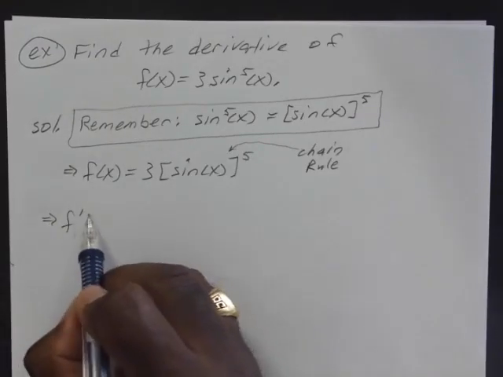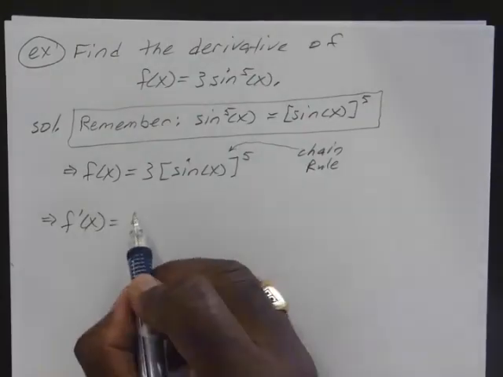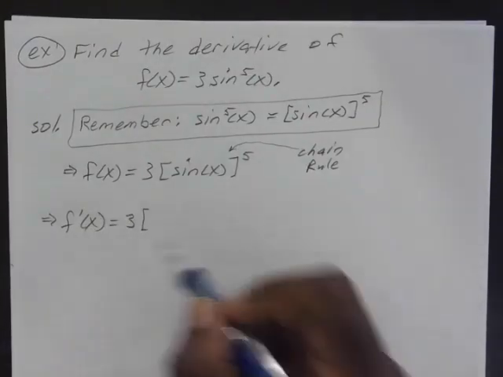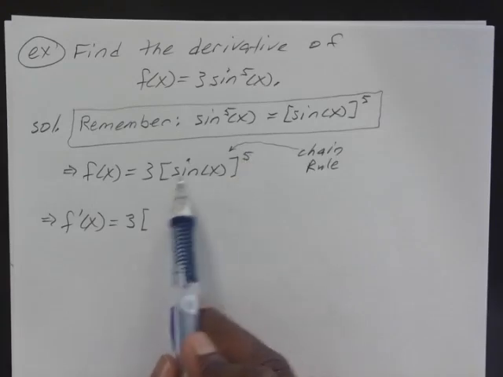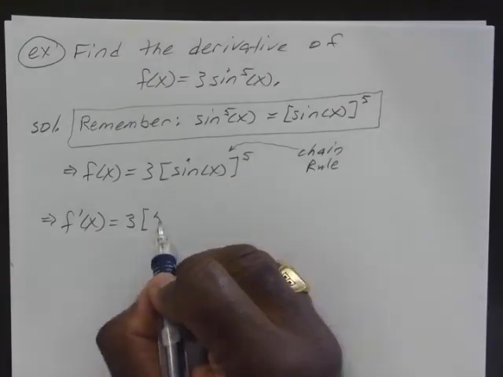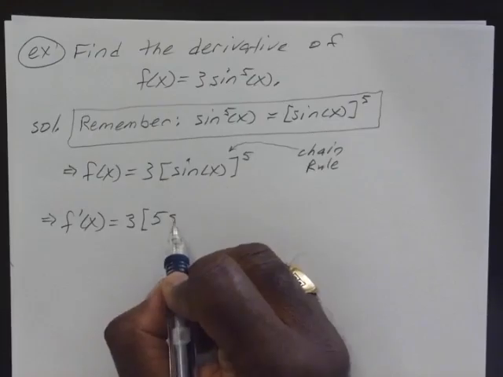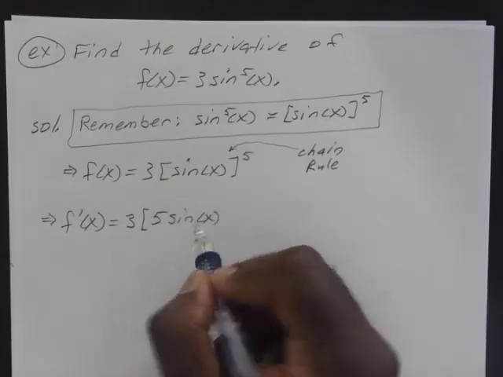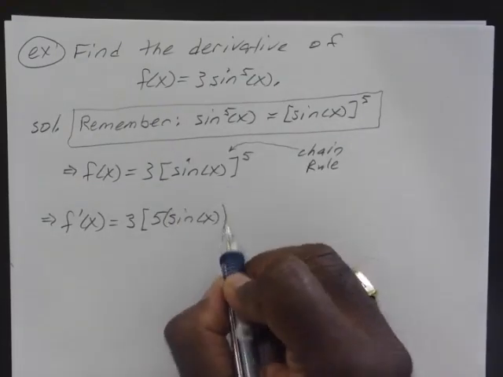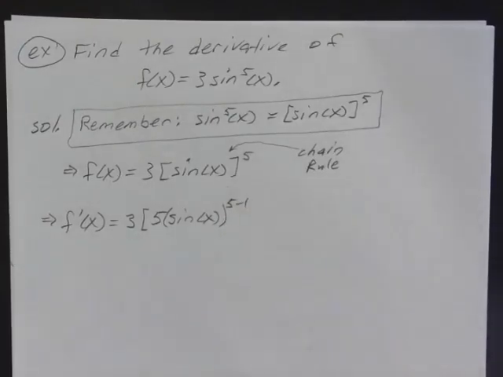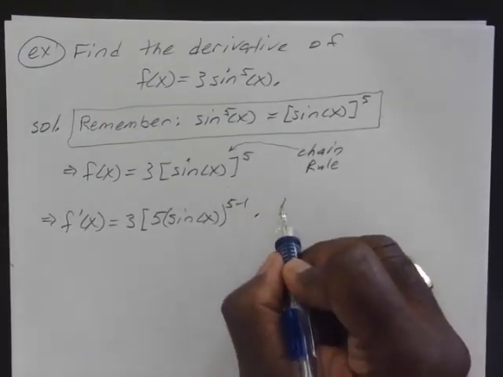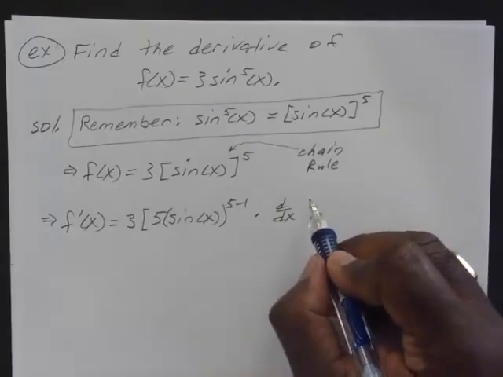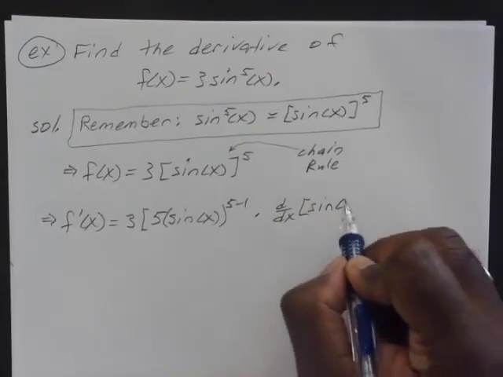Okay, so your f prime of x is just equal to 3. And we apply the chain rule, so we bring down the 5. So 5 times sine of x to the power of 5 minus 1 times the derivative of sine of x.